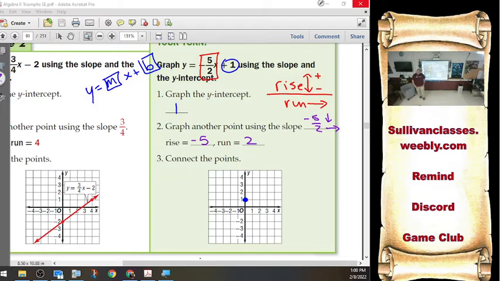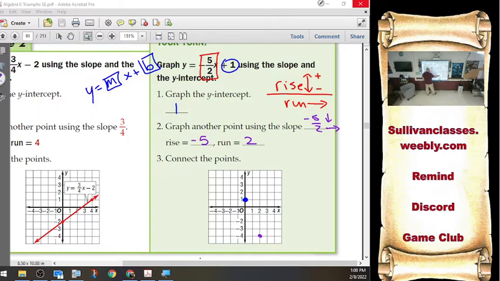I want you to get used to that, because in the past I've had kids get a lot of success with putting their little arrows next to the fraction for the slope. It's a negative, down arrow. Run to the right. Now it tells me exactly what to do. Go down 5, right 2. Down 1, 2, 3, 4, 5, right 1, 2.